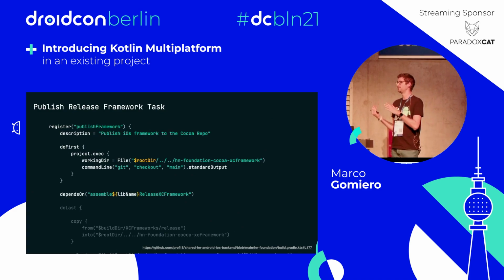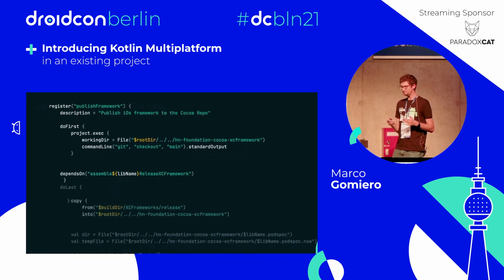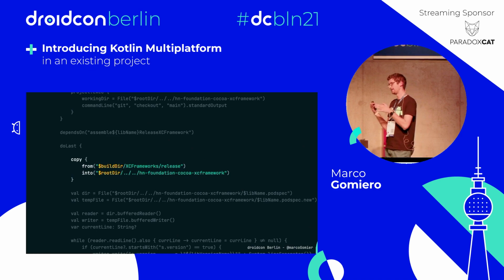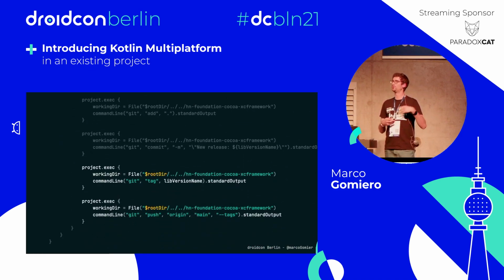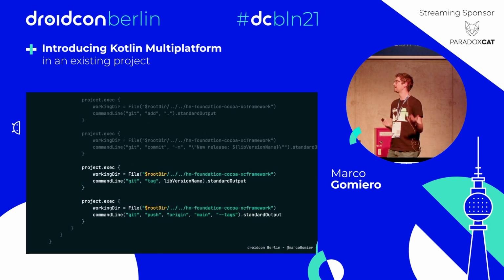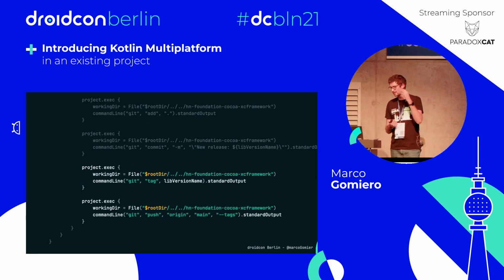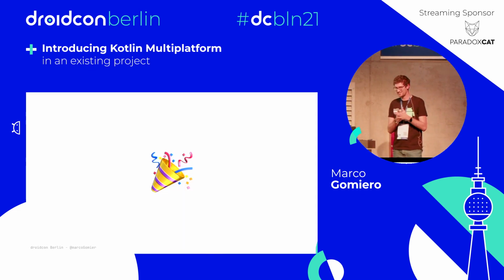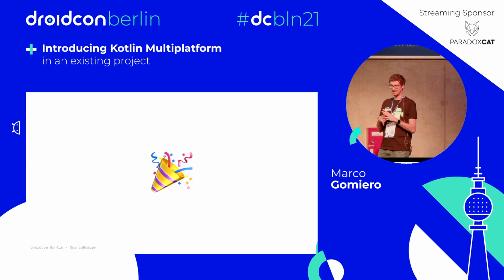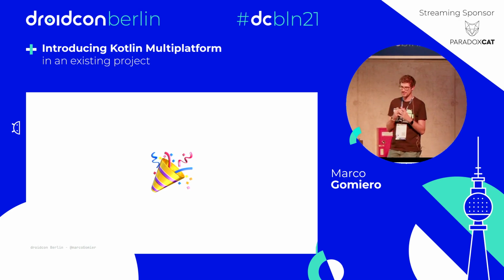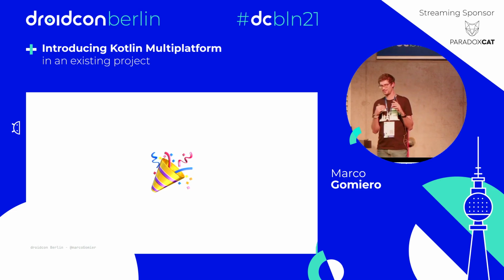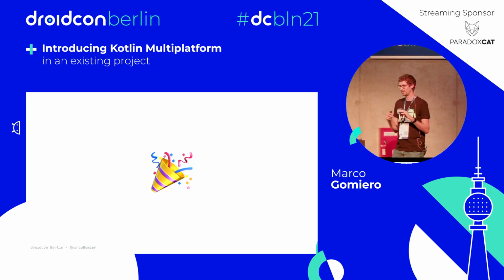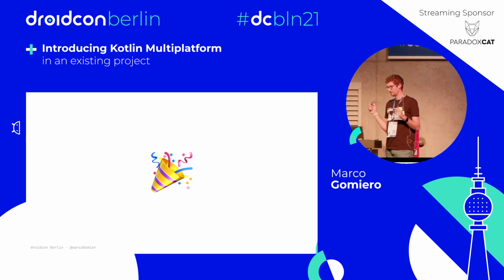First of all, it checks out the main branch, and then it builds the release version, moves the stuff again from the release folder, and then does the exact same thing, with the exception that in this case I'm tagging the release and pushing the tag. And yeah, that's it for what we have to do to publish our iOS library. A bit painful, but with a bit of work, we managed to do it. All right.